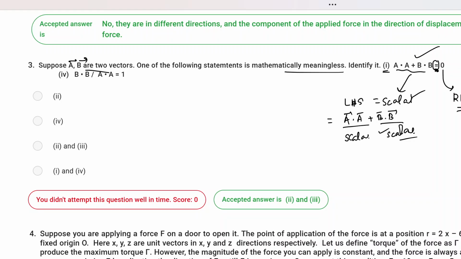Now one question may come to your mind that I think is valid. I don't know if you have thought about it, but I thought about it when I looked at it: do you think that this A dot A plus B dot B equal to 0 will be valid for any vector A and B, or is there some specific condition that needs to be satisfied? Even if this is mathematically meaningful, with both scalars on the left hand side and right hand side, will this make sense for any value of A and B, or is there some specific condition under which this will be satisfied?